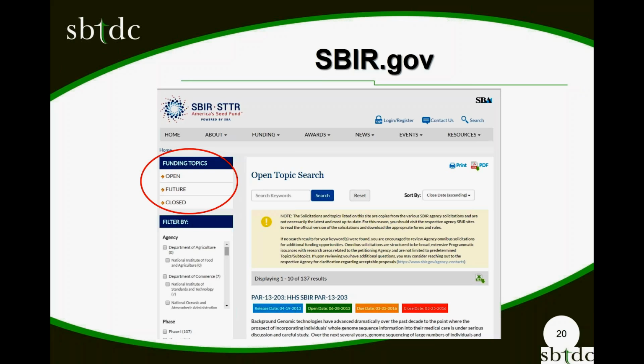And circled in red on the left side are links for open solicitations, future solicitations, and closed solicitations. And you can see that you can search by keyword, just like any search engine. So let's talk about actual search techniques.